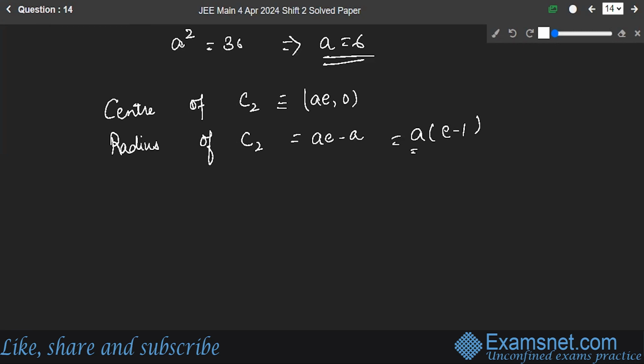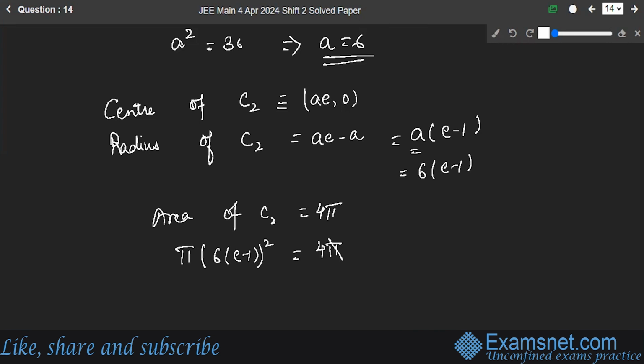And we have the a value. a's value is 6. Also, one more thing. Area of C2 is given to us. It is 4 pi. So area is given by pi into radius square. First of all, pi and pi will cancel out.